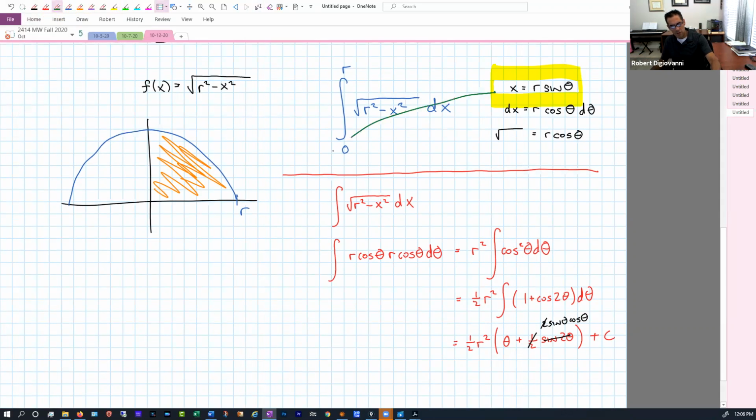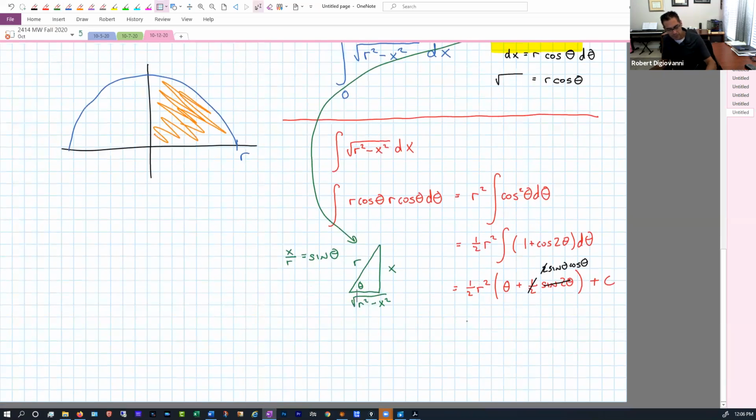So with my reference triangle here, I'm using the fact that, let me divide both sides by r. X over r is sine theta. So this is x, this is r. This side would be the square root of r squared minus x squared. That's theta right there. And that should be everything we need.